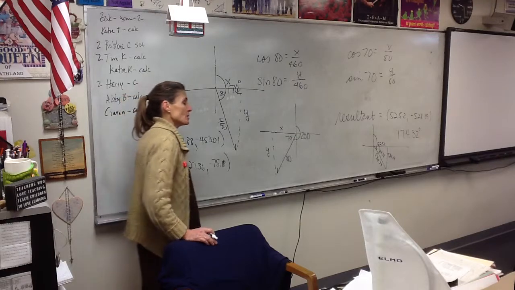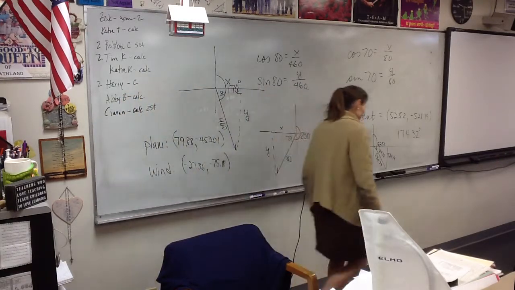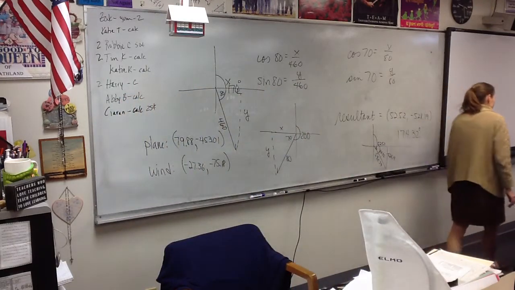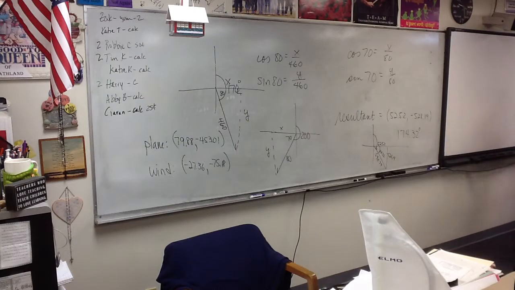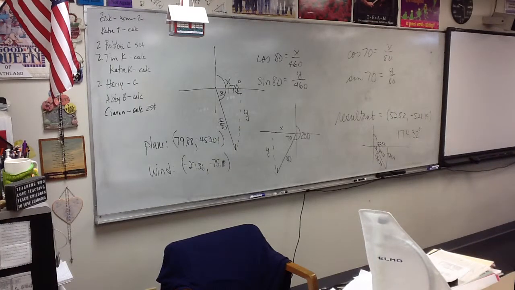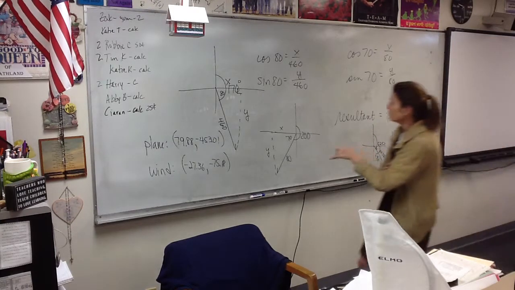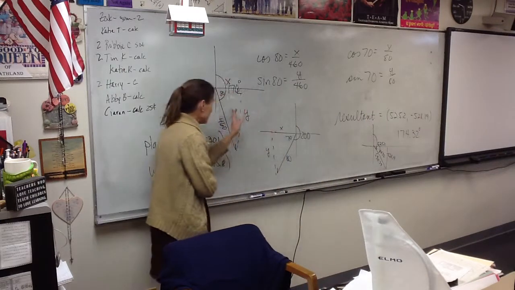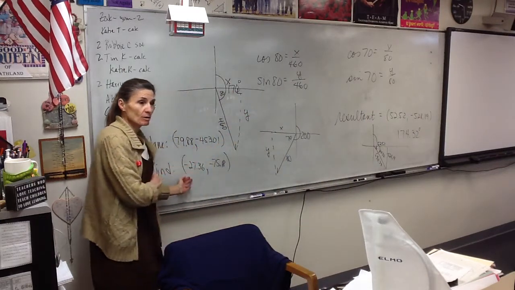Okay, so, sleepy people, how do we find the direction and speed of a resultant course? What do we have to do? We have to take whatever the original vectors are and recreate them in their component form.